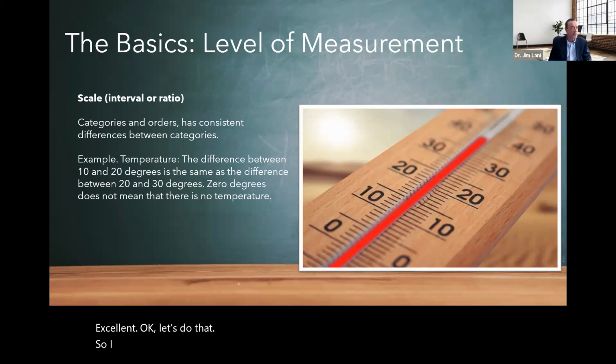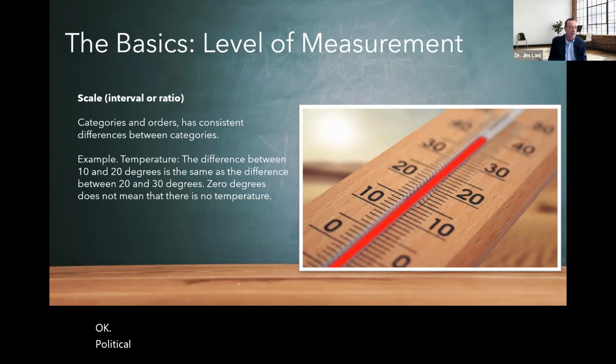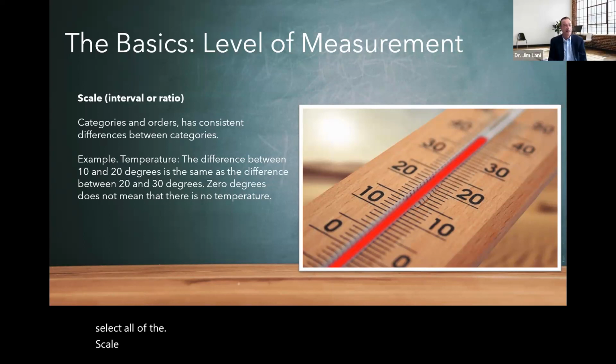I want you to have this up in front of you. A level of measurement quiz: select all of the nominal variables. Political affiliation, temperature, sex, and age. Then select all of the ordinal variables, and then select all of the scale variables.